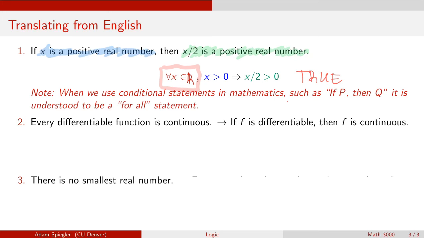And so we have a conditional statement here. So we can state this as follows. We could say f differentiable implies f continuous. That's fine, but remember, we want to make sure we put this universal quantifier in front of that. So what we mean here is for all functions f, if f is differentiable, then f is continuous. This is a true statement, in case you are curious. But that is how we could express that using symbolic notation.